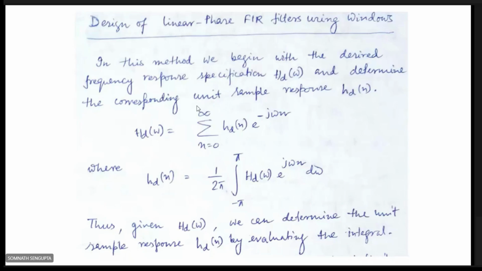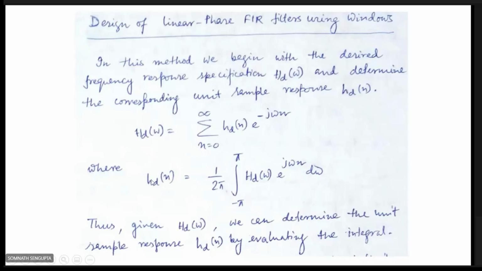So if your desired frequency response is H_d(omega), in time domain, applying this equation, 1 by 2 pi integral from minus pi to pi, this is actually the inverse Fourier transform. So this will give you h_d(n).